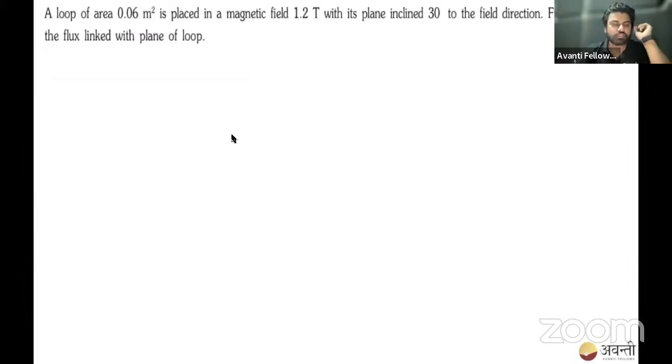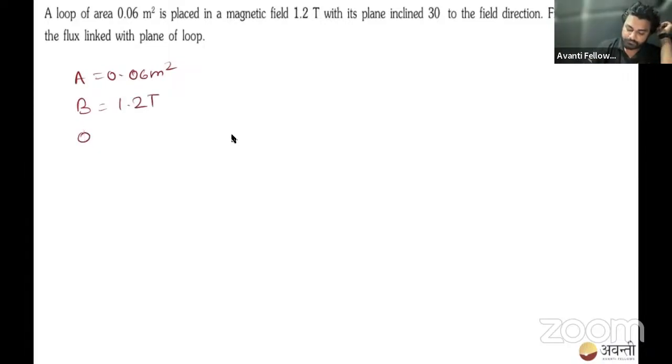A loop of area 0.06 meter square is placed in a magnetic field of 1.2 Tesla with its plane inclined, means theta is equal to 30 degrees, plane inclined 30 degrees to the field direction. Find the flux linked with the plane of the loop. So flux you have to find. Do it fast. Quick.